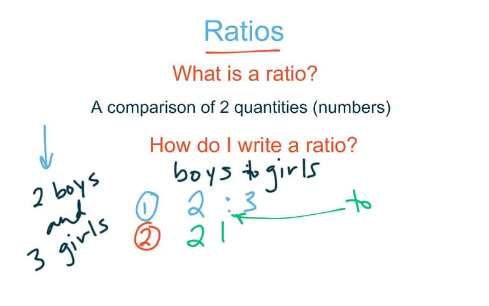So we could write 2 to 3. And then finally, the third way that we could write a ratio is by writing it as a fraction. So we would put 2 over 3. This fraction line still means the word "to", so we would still say 2 to 3.